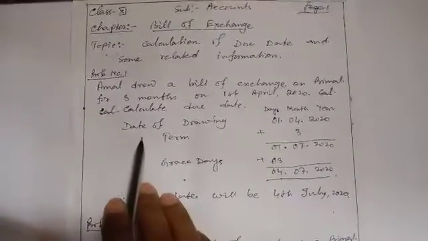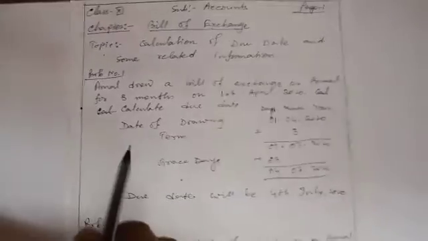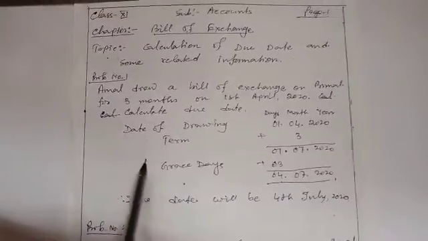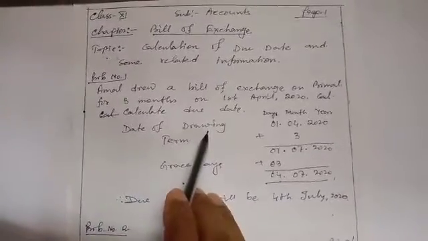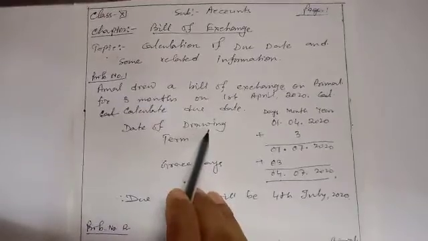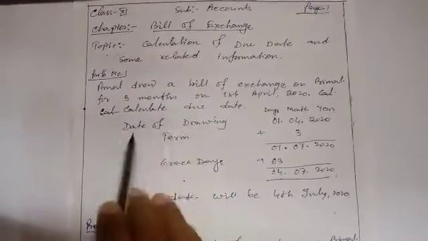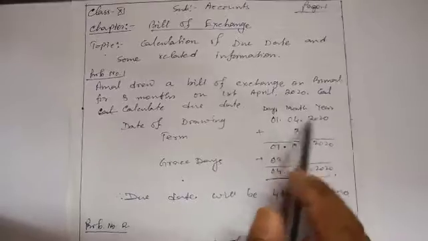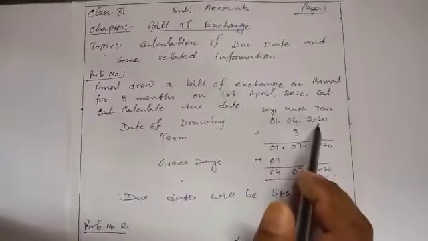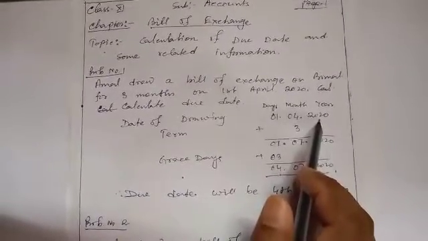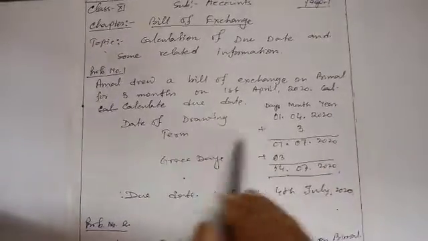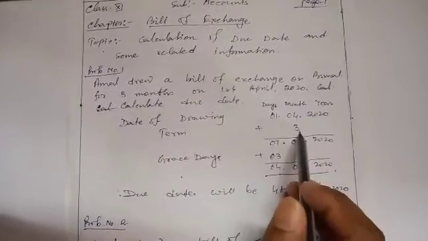In case of an after date bill, the date of drawing will be the first date. That means from the date of drawing you have to count the due date. Date of drawing, days, month, year: 1st April 2020. Term is 3 months, so below the month you write 3.